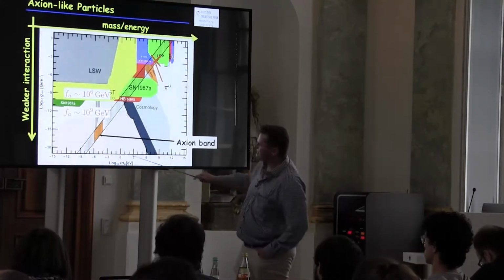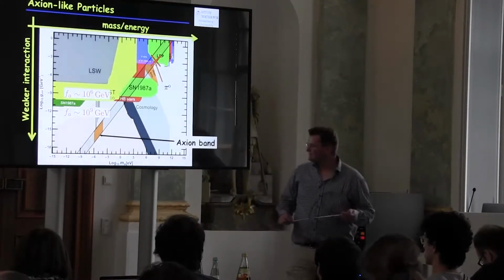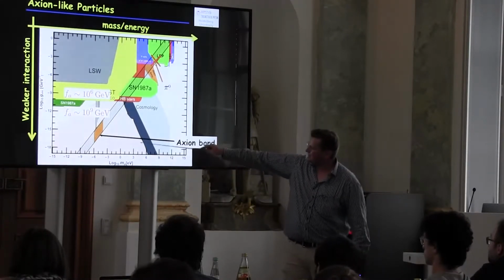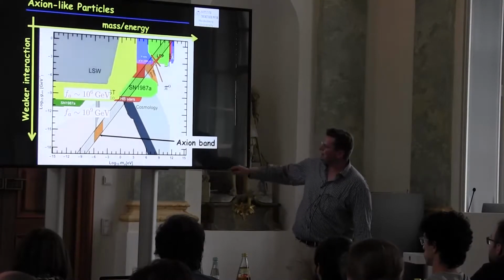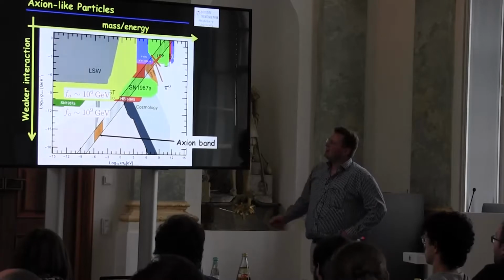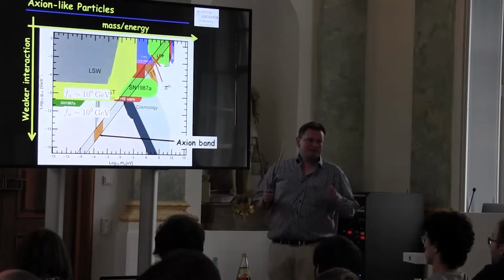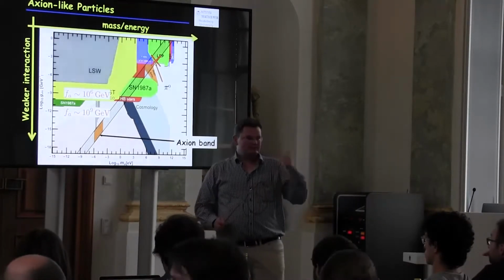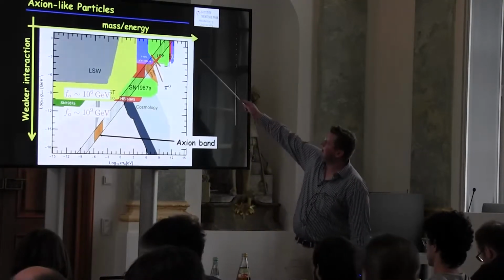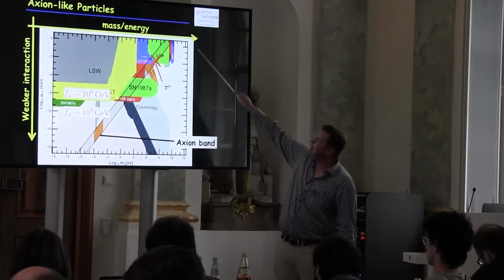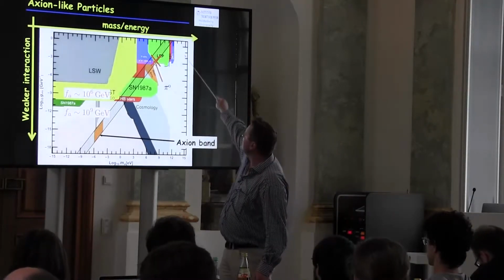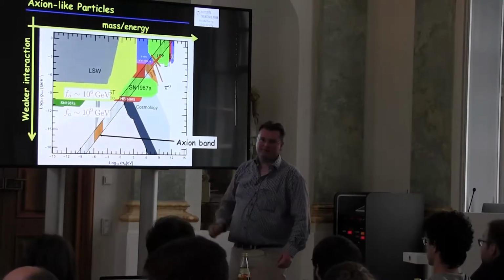And here you can also plot the mass. And basically, again, a widely logarithmic scale here, 1 electron volt here, a micro electron volt, say, over here. And now you can basically use this relation that both the mass and the coupling are proportional to 1 over f_a, and you see that a true axion, a QCD axion that addresses the strong CP problem, lives on a line.